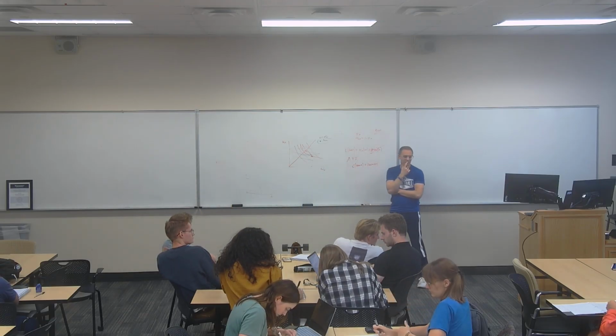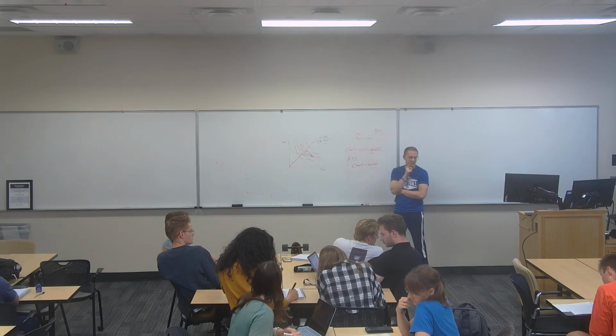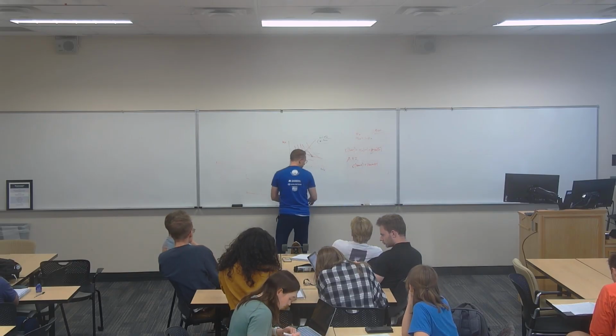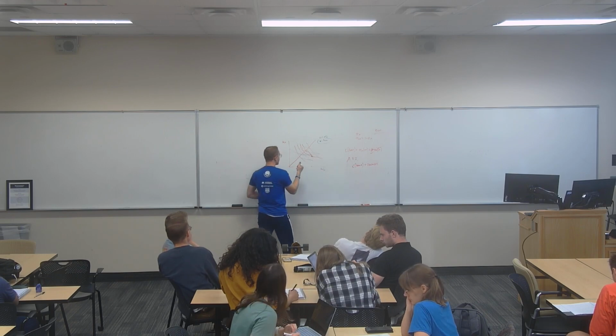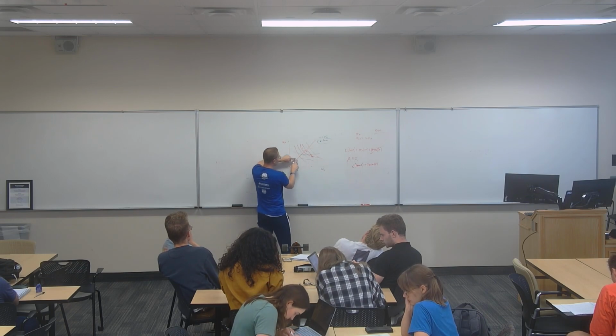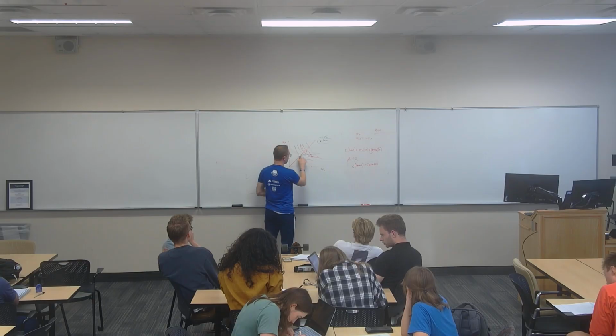I'm just not tracking. Why are the low risk people not getting full insurance, but the high risk people are? So remember at the beginning, this is the full insurance line. Any point on this line is full insurance. These are the actuarially fair lines, so that's what's actuarially fair, and this is no insurance.